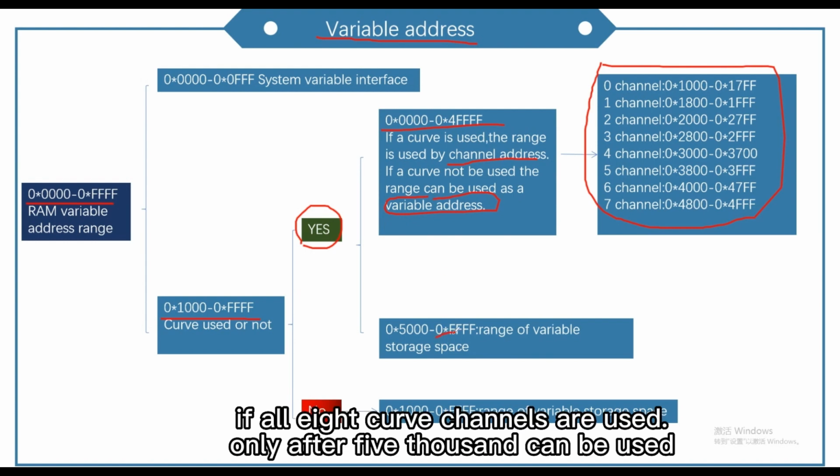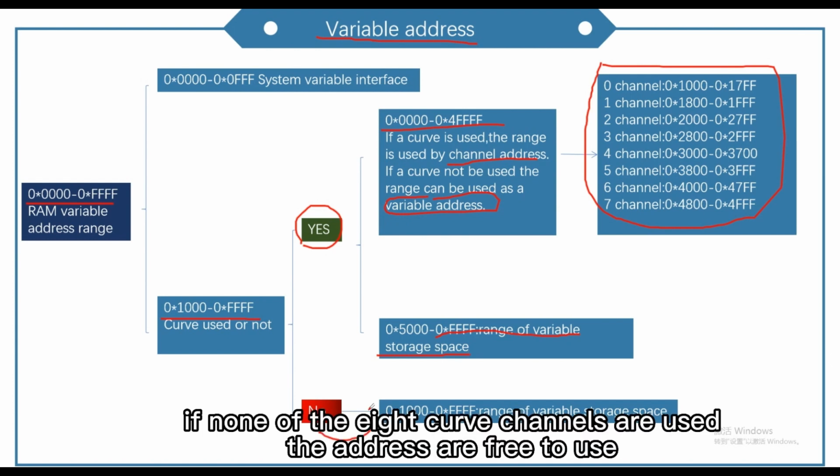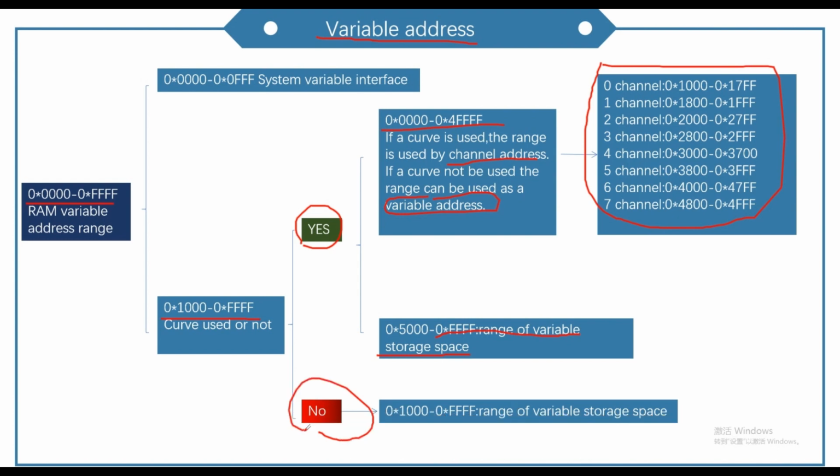If all 8 curve channels are used, only addresses after 5000 can be used. If none of the 8 curve channels are used, the addresses are free to use.